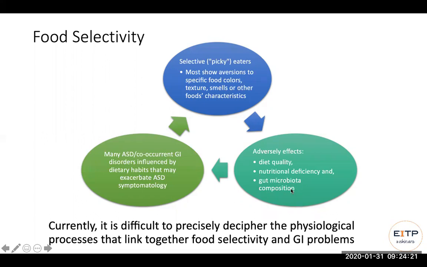All these GI disorders can cause a change in the bacteria we have in our gut. However, there's a lot talked about gastrointestinal issues and diet issues and the impact of that on autism symptoms, but at this time we don't have enough knowledge to decipher how feeding and gastrointestinal issues are linked to autism.